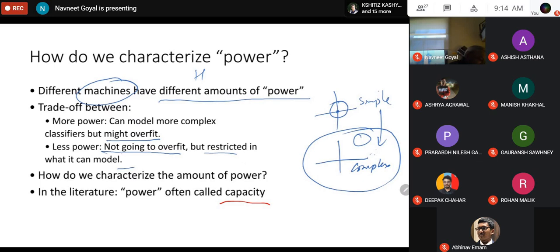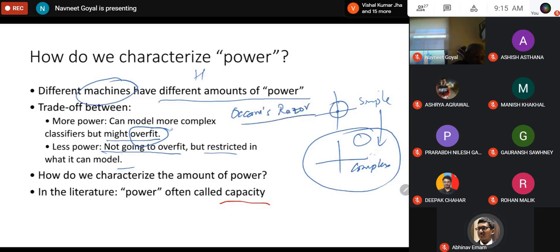So you always have to do this trade-off between the power of a model and overfitting. You don't want your models to overfit. Again I'll bring the concept of Occam's razor, which I discussed in the class.